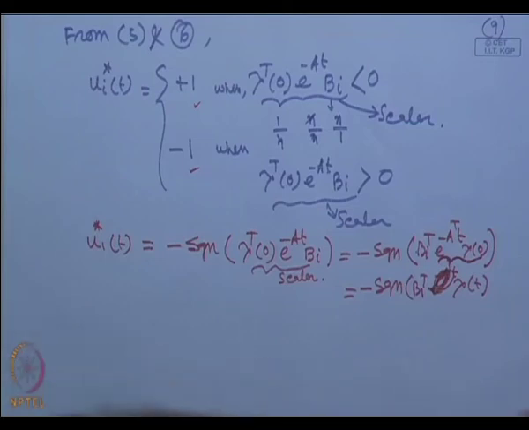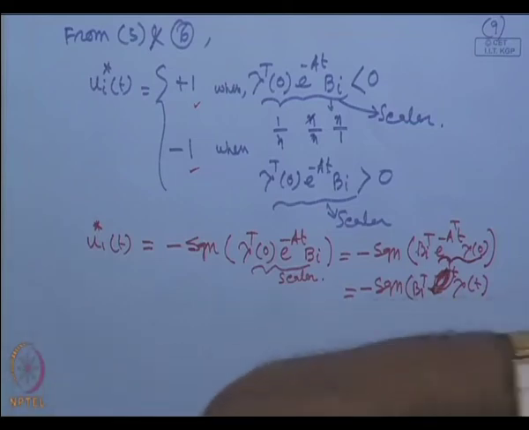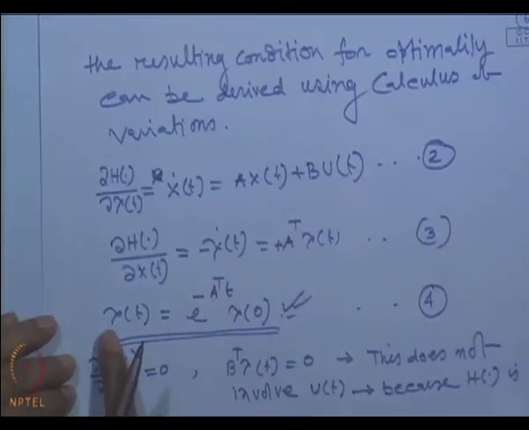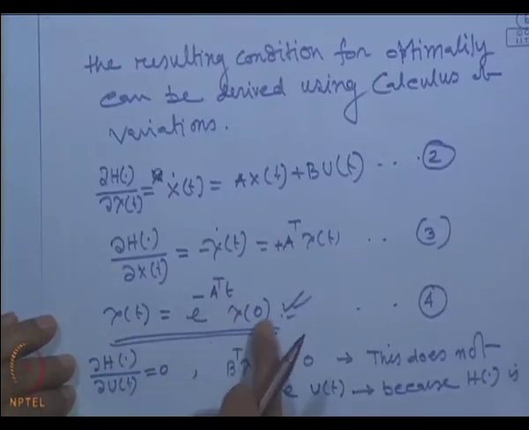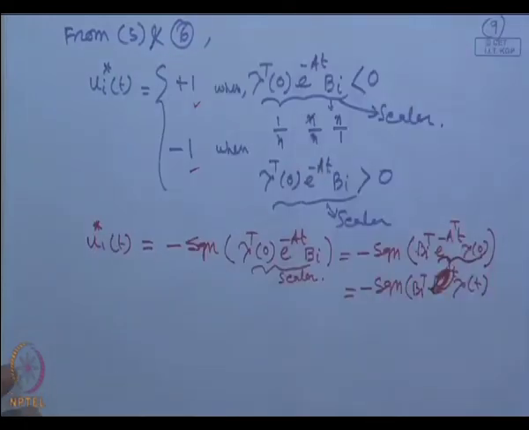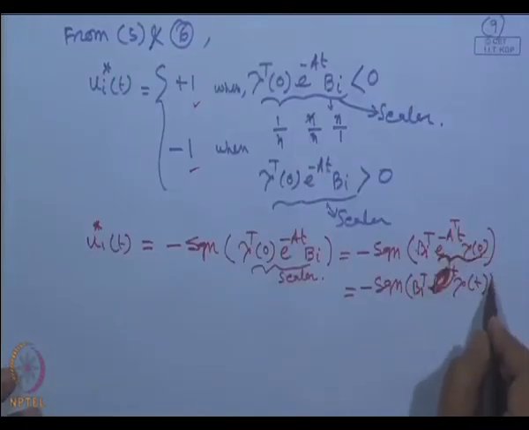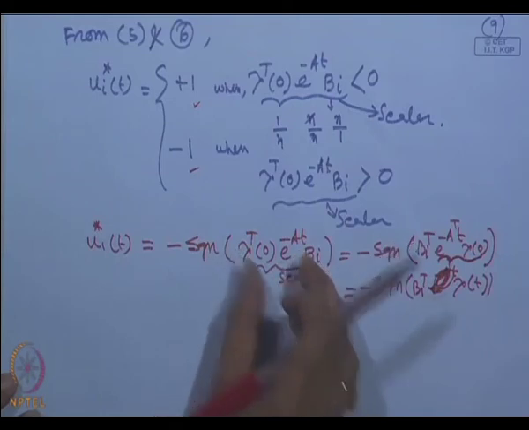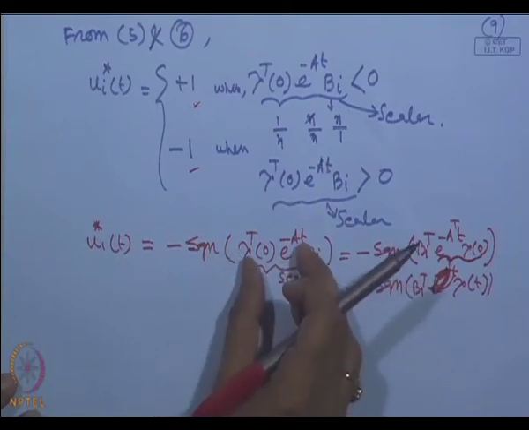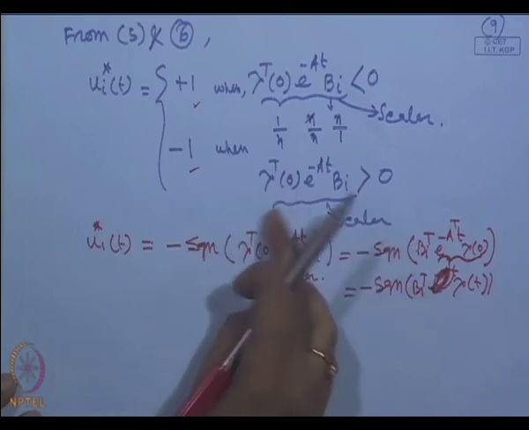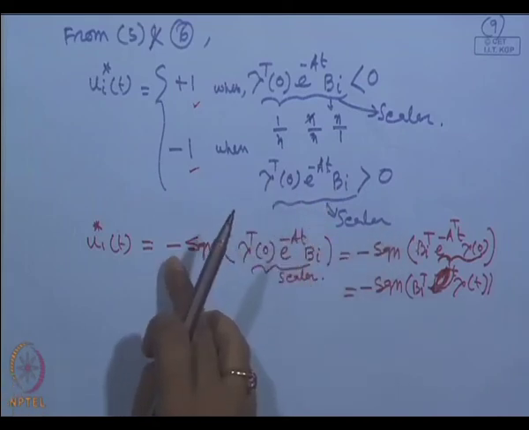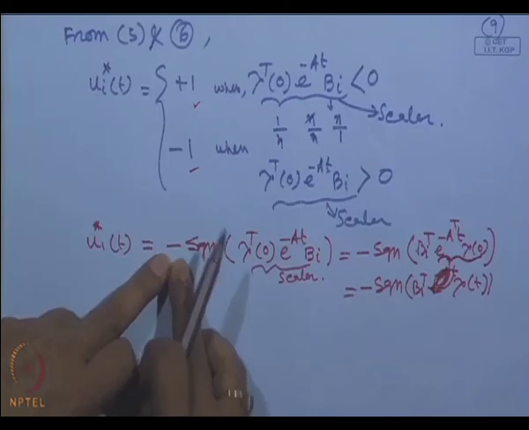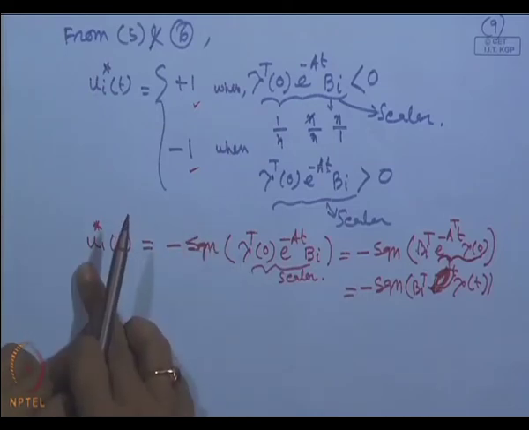Say the solution of lambda of t, we have just found out from the co-state vector, is e to the power of a t lambda 0. So e to the power of a t lambda 0 is lambda I. For the signum function, if this quantity is greater than 0, then that value is positive, so it is switching to the positive. Since it is preceded by a minus sign, u I is negative.